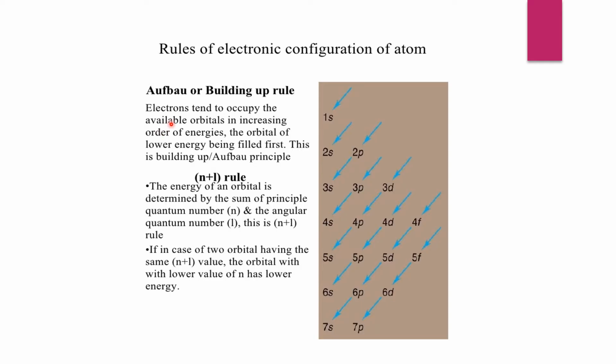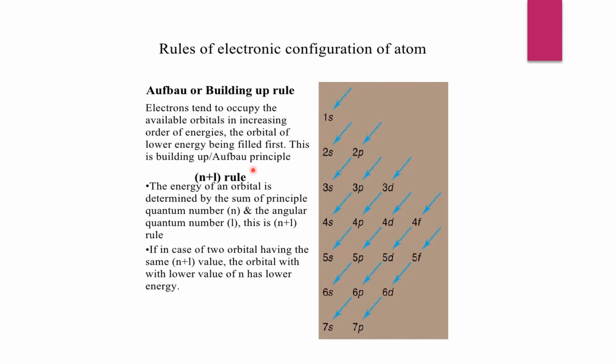The rule of filling the electronic configuration of an atom is Aufbau principle. What is it? Let's see with the definition. According to Aufbau principle, electrons tend to occupy the available orbitals in increasing order of energies, the orbital of lower energy being filled first. This is known as building up principle or Aufbau principle.